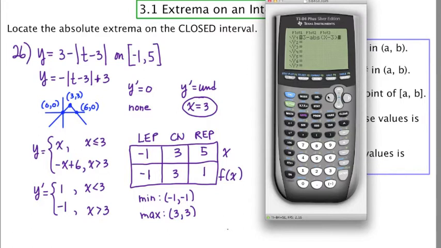Let's make that thicker. Okay, let's go to our window and make the x min negative 1. Let's make the x max 5. And I know I'm dealing with numbers that aren't so big for my y's. I'm going from negative 1 to 3, so maybe negative 5 to 5. And we're going to see a portion of this V. You might even imagine what you're going to see before I even press graph.